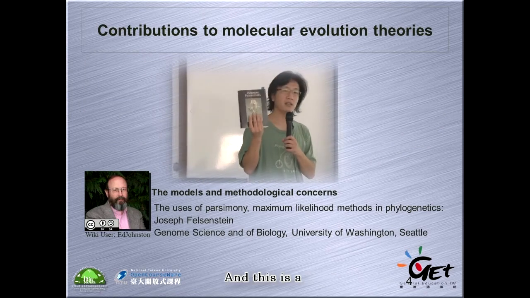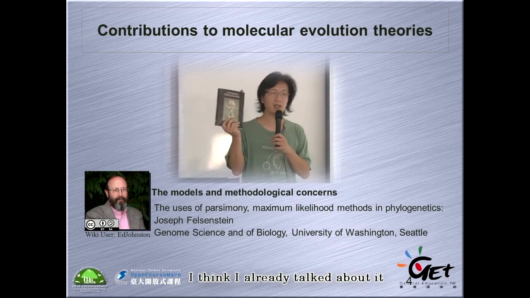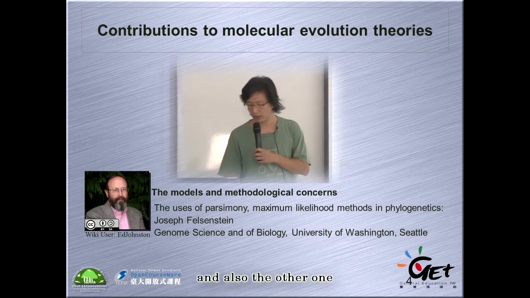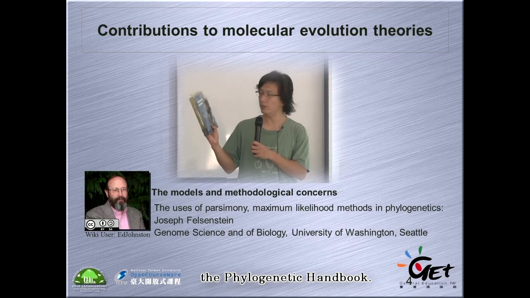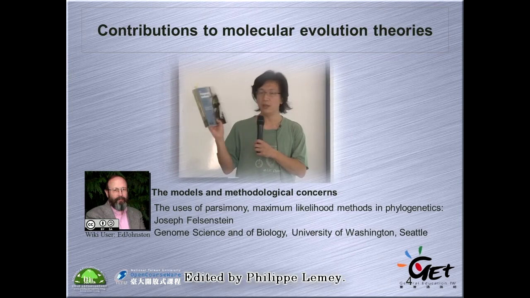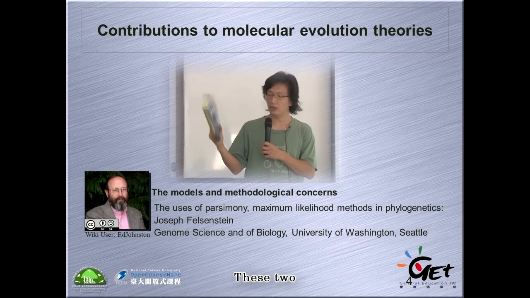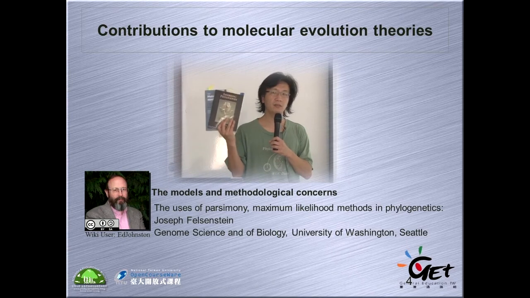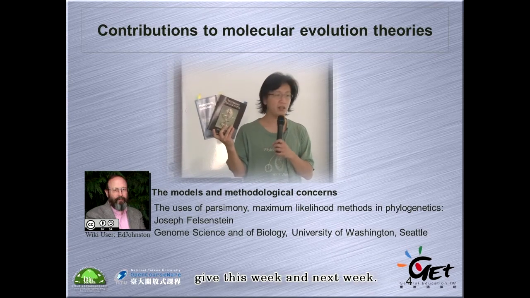This is a very, very nice book. I think I already talked about it in the very beginning. This book, and also the other one, which is newer, the Phylogenetic Handbook, edited by Philippe Lemey, are the best references for the two lectures I'm going to give this week and next week.